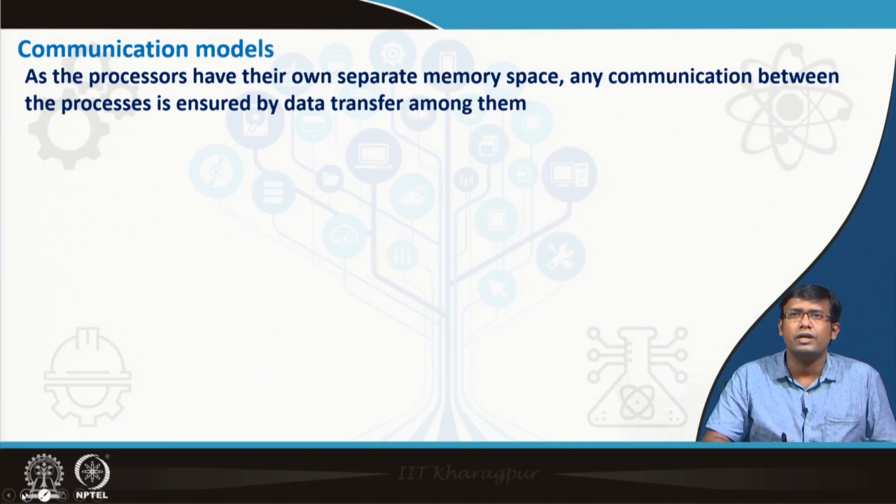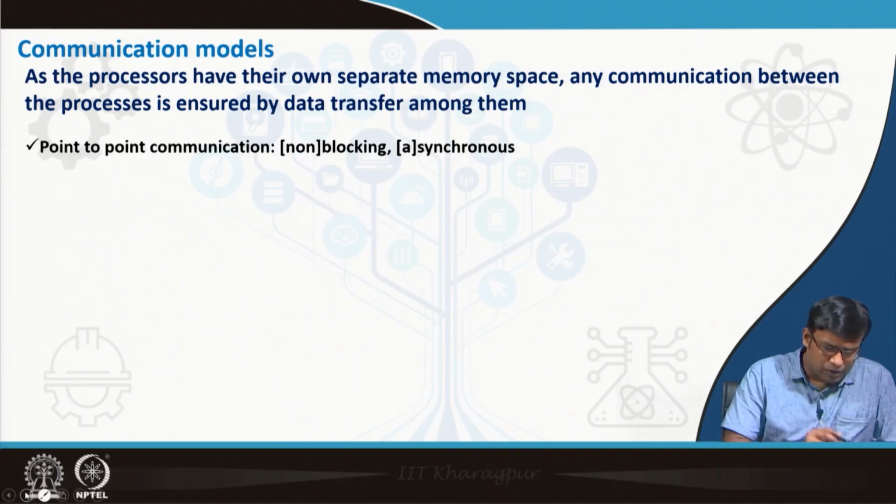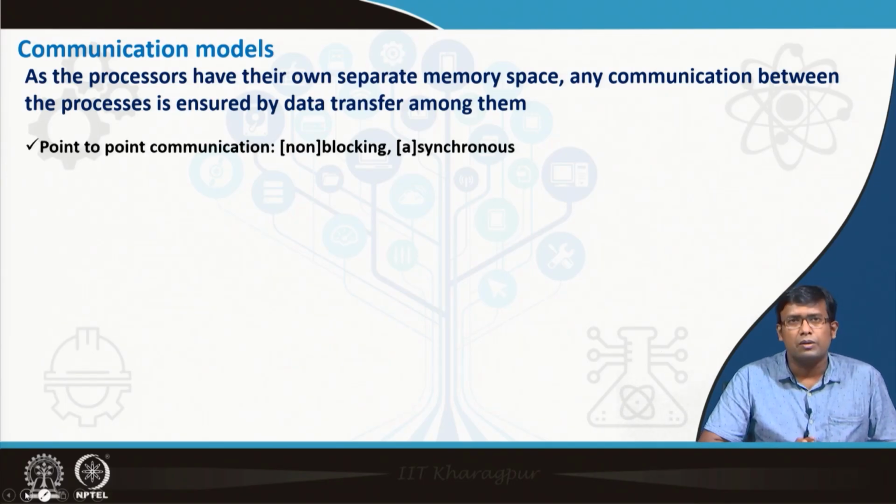So any communication in a distributed memory system can only be achieved through a data transfer process. Now, there are two models of data transfer. One is point to point communication, which can be blocking or non-blocking, synchronous or asynchronous.